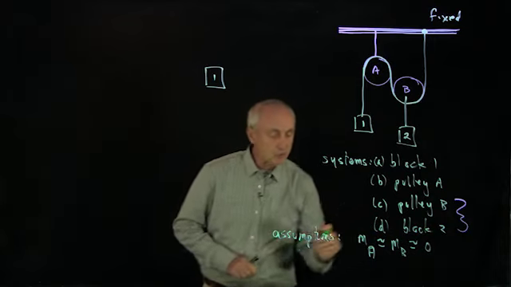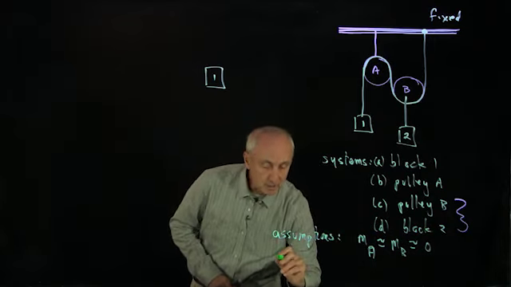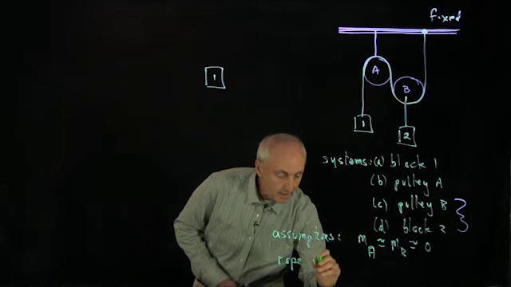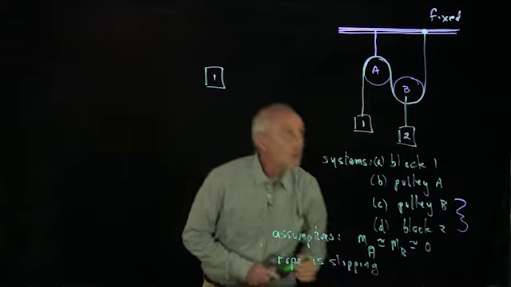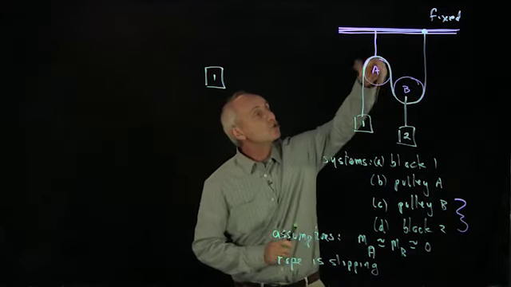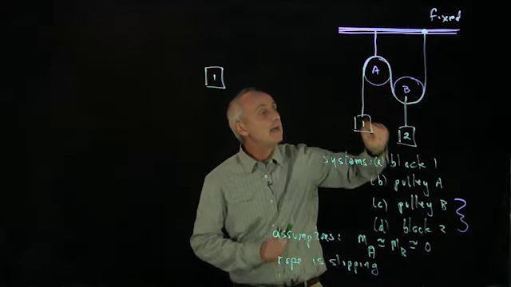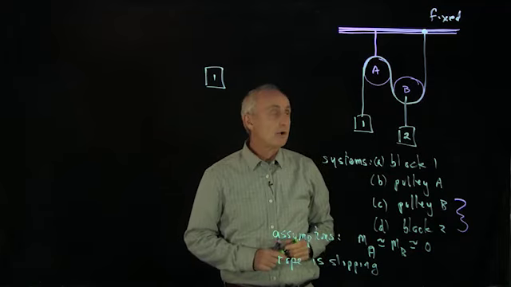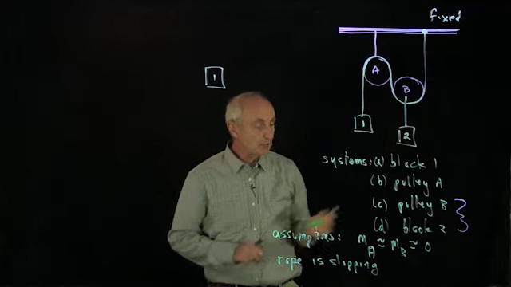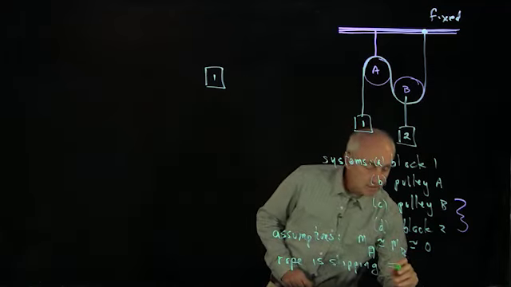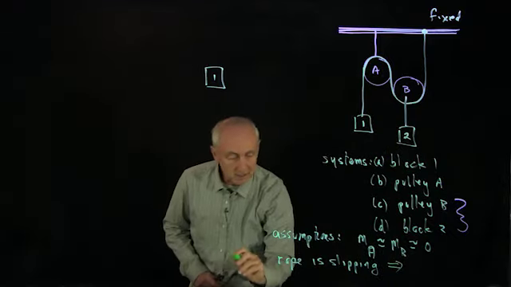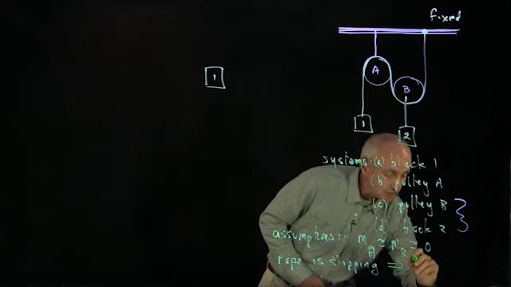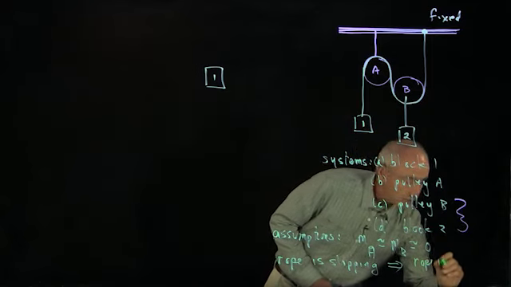We're also going to assume that our rope is not slipping. So the rope is just slipping on the pulleys. So what that means is the rope is just sliding as the objects move. Now, again, what this is going to imply is that the rope is massless as well.